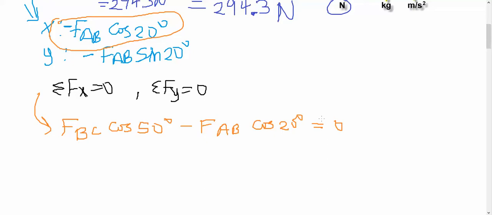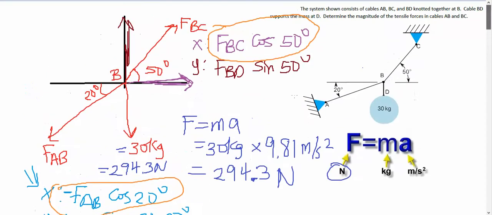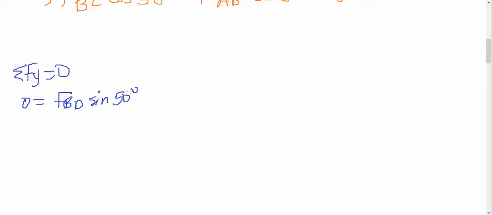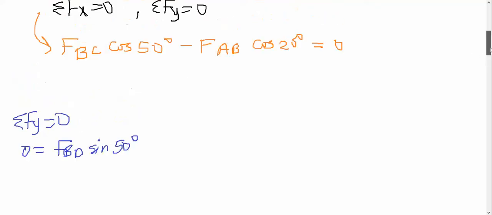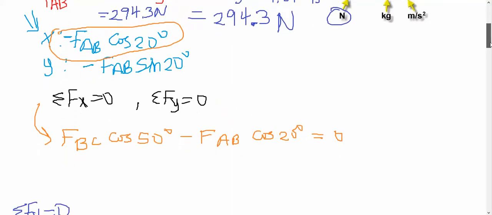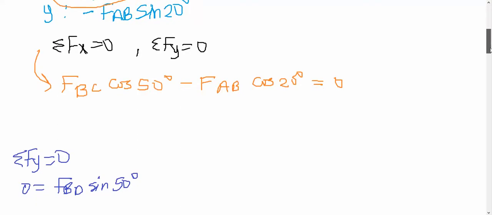So now for the summation of forces in the y direction, we have one here, FBC sine 50. So summation of forces in the y equals 0. 0 equals FBC sine 50 degrees. And then we also have negative FAB sine 20 degrees.